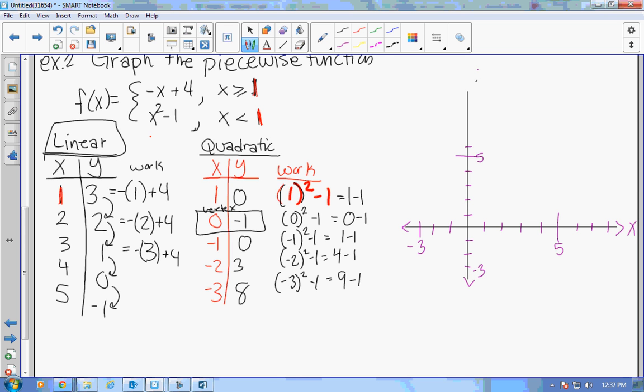Oops, that one's not very good. After you have your graph set up, stop before you start plotting points, please. You have your graph set up?